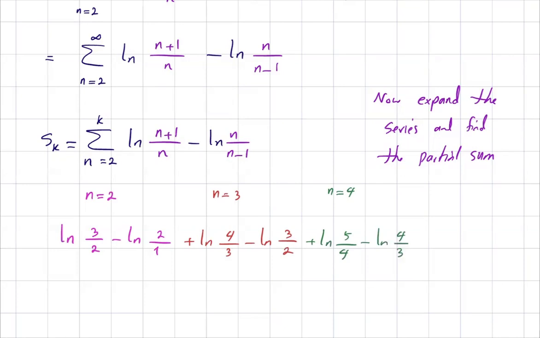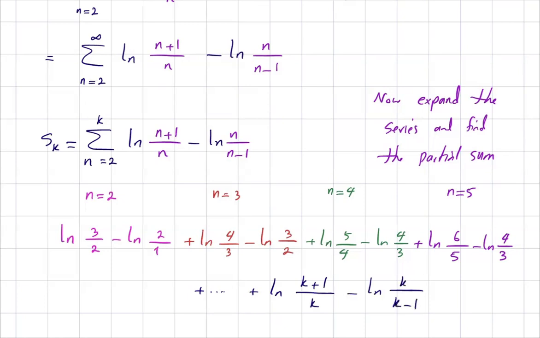When n is equal to 5, you have ln of 6 divided by 5 minus ln of 5 divided by 4, plus the rest of the terms. You can continue this process. You get ln of k plus 1 divided by k minus ln of k divided by k minus 1.